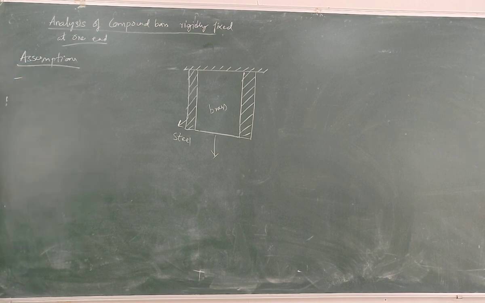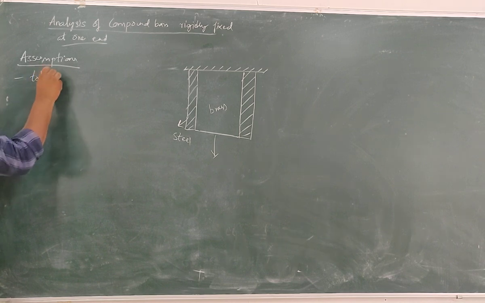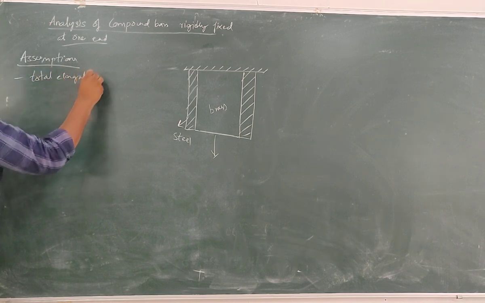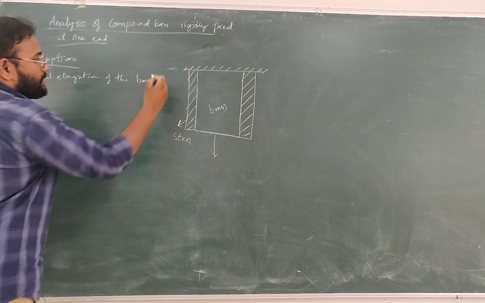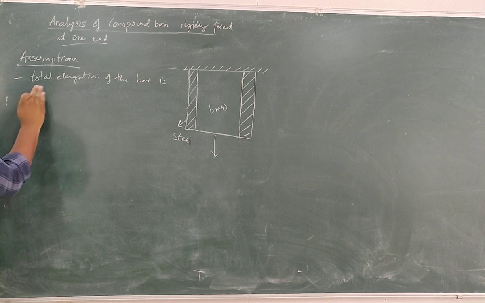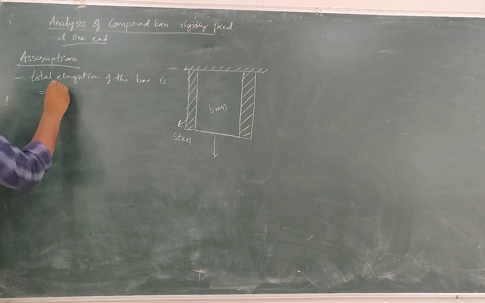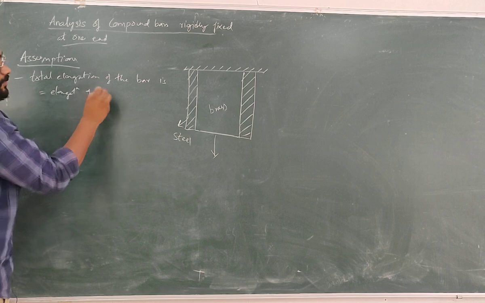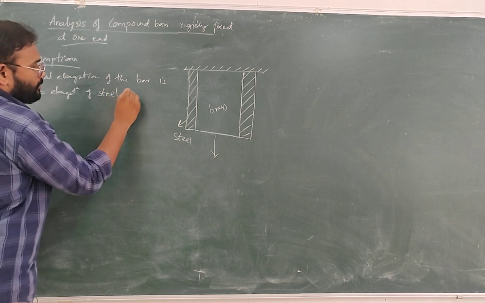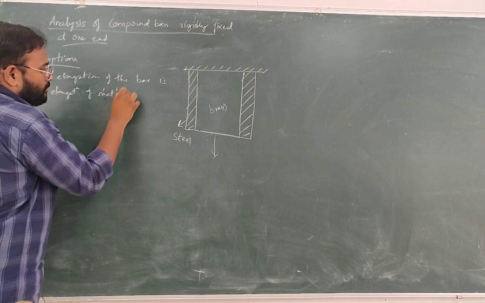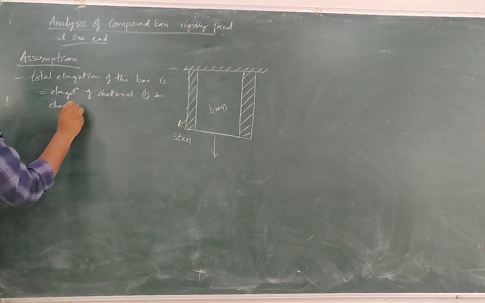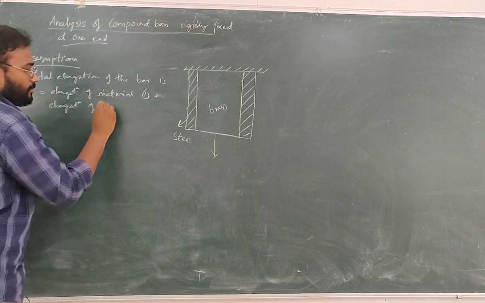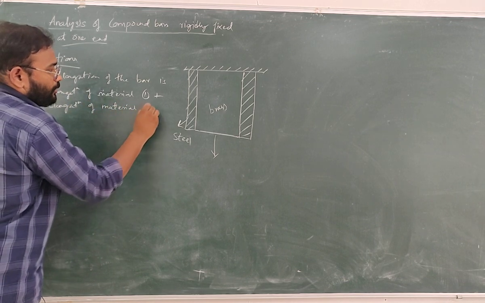First one, total elongation of the bar is equal to elongation of steel tube or material 1 plus elongation of material 2.